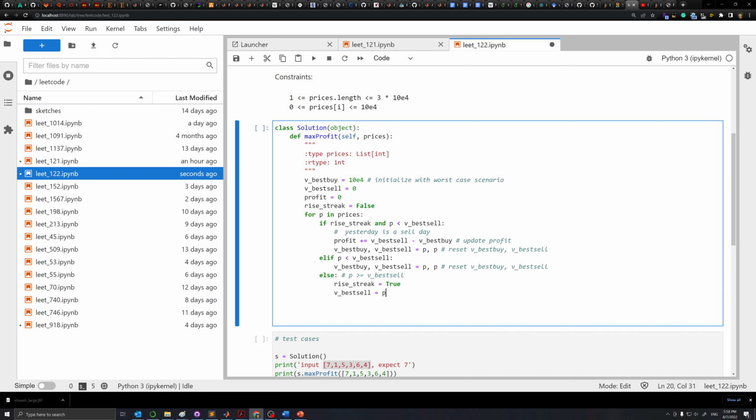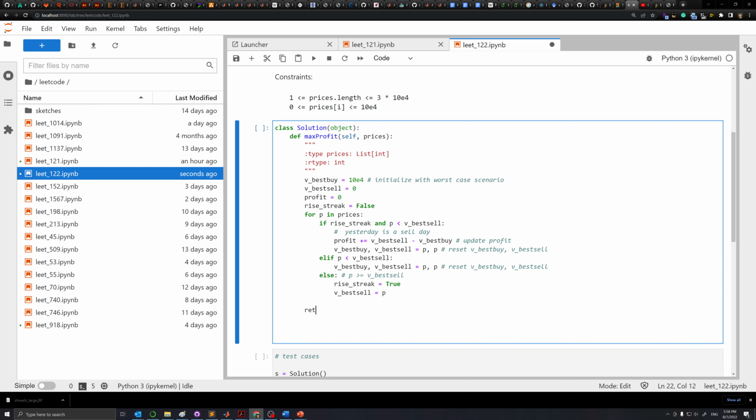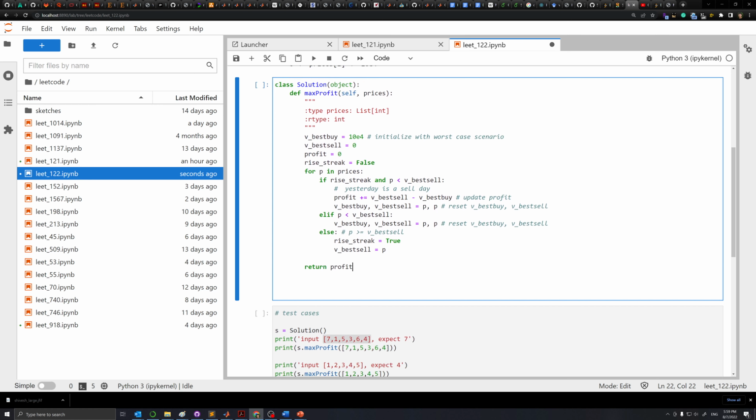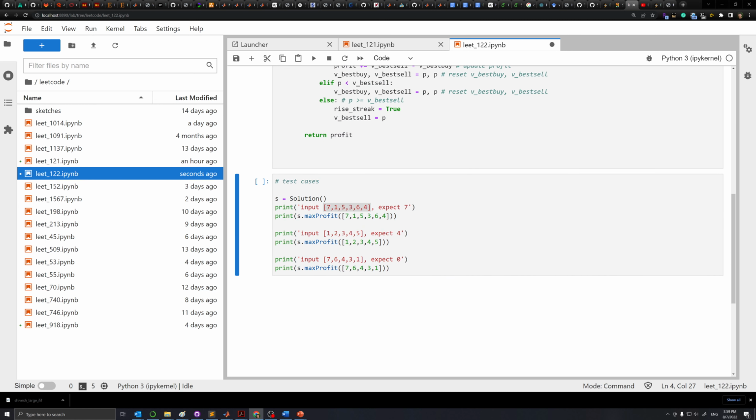And what about profit? The only time we start to add profit into our wallet is when yesterday is a sell day. And when we finish all of these, we just return profit. I think so, but this is just scrappy code.